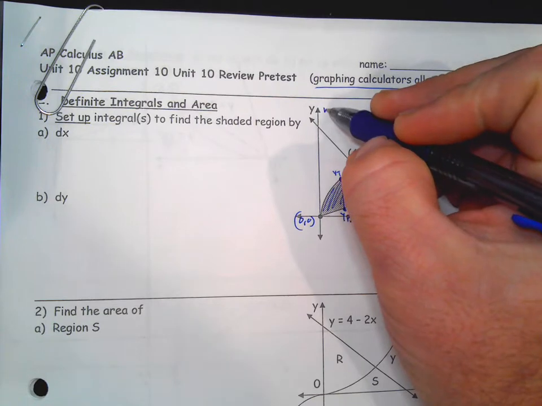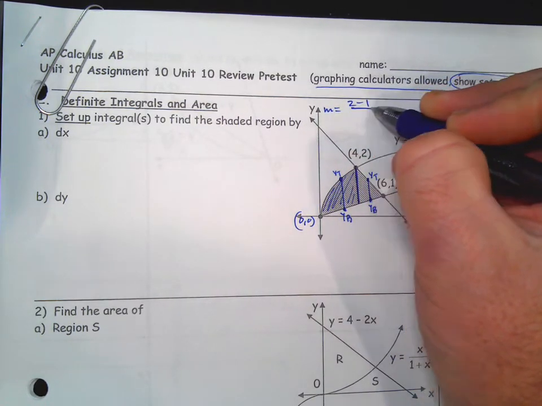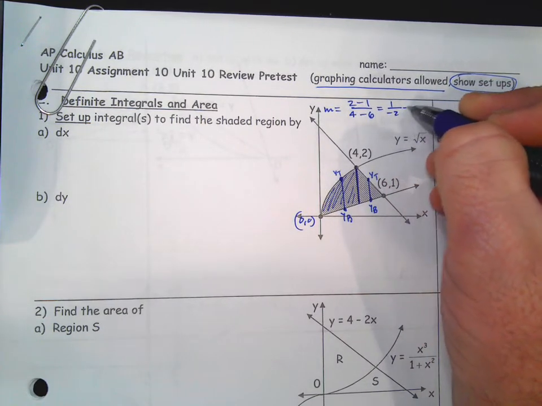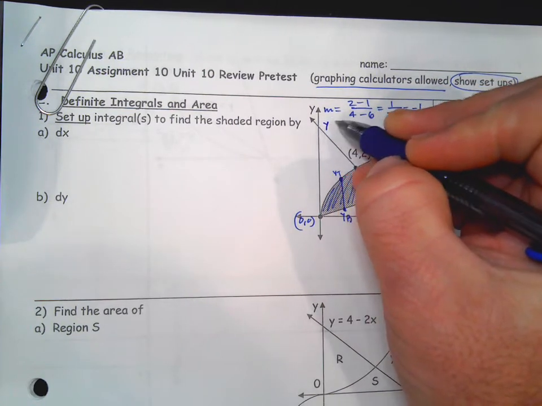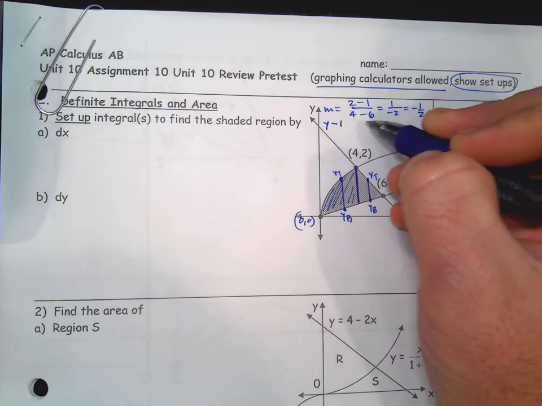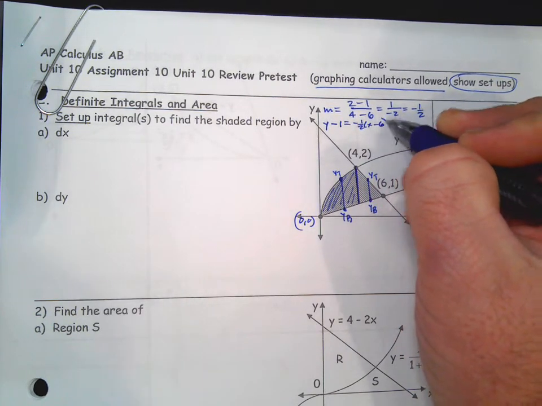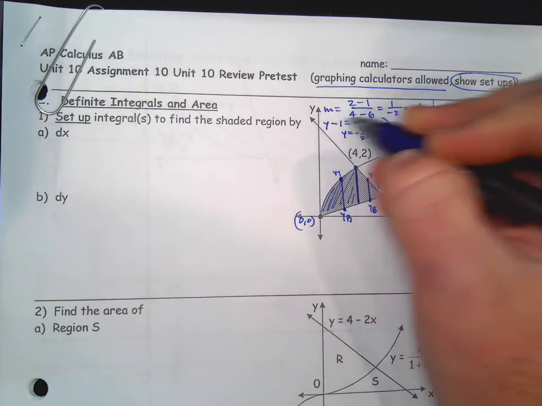So the slope of this one, we do 2 minus 1 over 4 minus 6, rise over run. And so it's going to be negative 1/2. And then we do point slope form, y minus 1 equals negative 1/2 times x minus 6. So y equals negative 1/2 x plus 3 plus 1, which is plus 4.